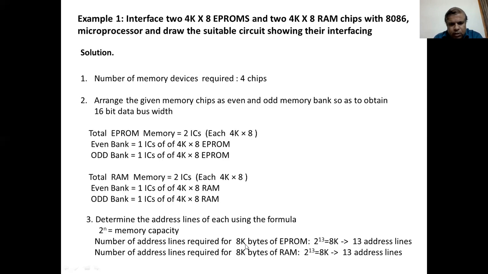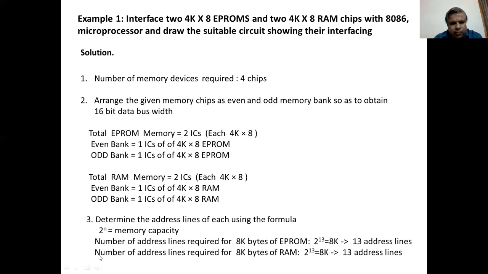That is how: 1K is 2 to the power of 10 bytes, and 8 is 2 to the power of 3, so 10 plus 3 is 13, 2 to the power of 13. So n is 13. So there are 13 address lines in this ROM.